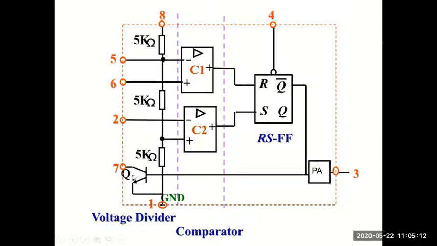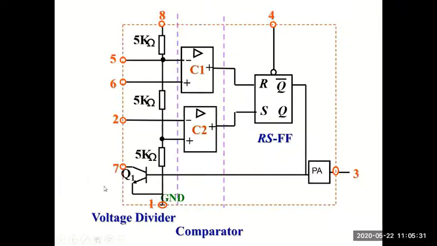Whenever this transistor Q1 is on, it will provide a short between collector and emitter, and it will provide a very low resistance path for all the charges to discharge. Remember, I told you we'll connect an external capacitor at this pin 7.